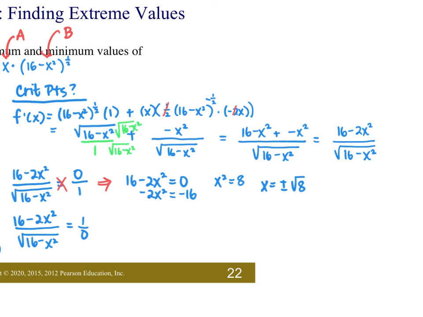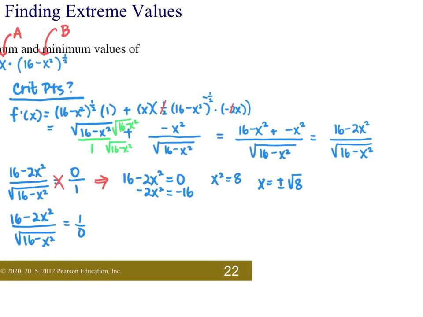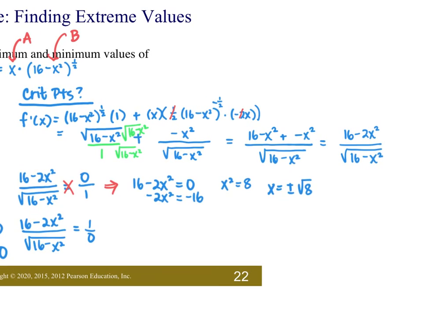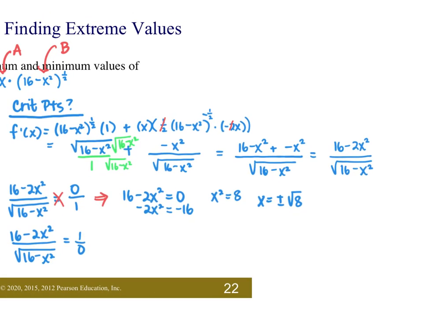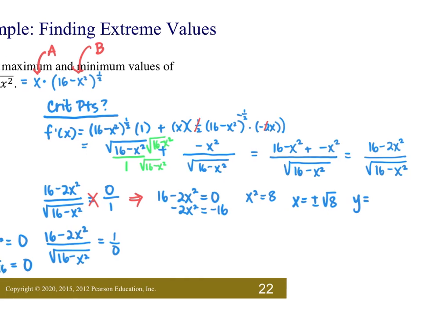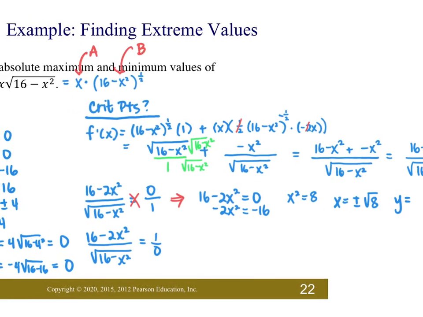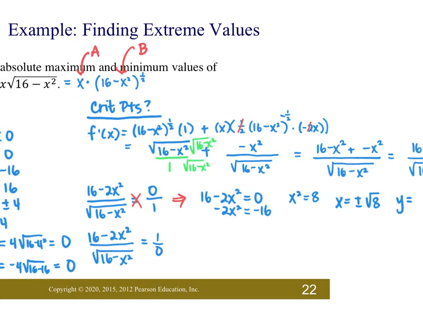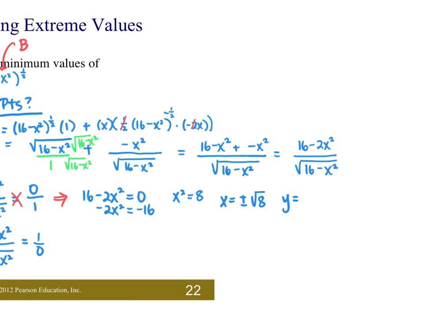Now I need a y value to go with both of those. So if I plug the square root of 8 positive into the original, I'm going to go back to the original problem, plug in the square root of 8, and I'm going to get 8 and -8.